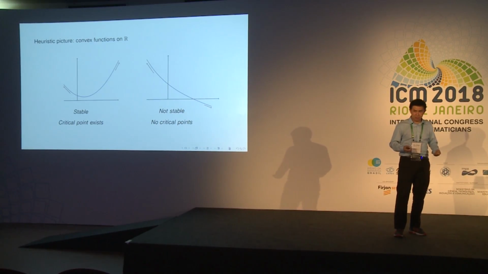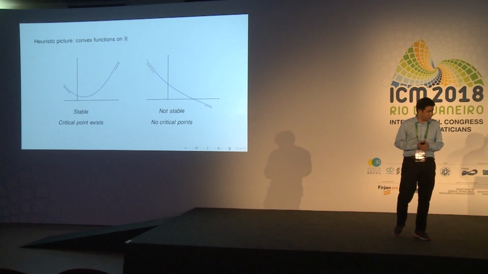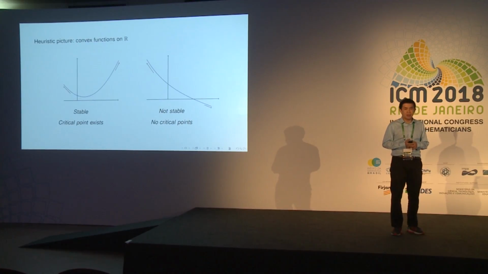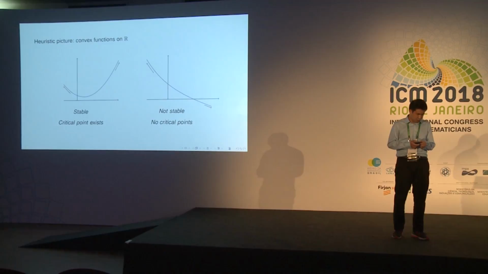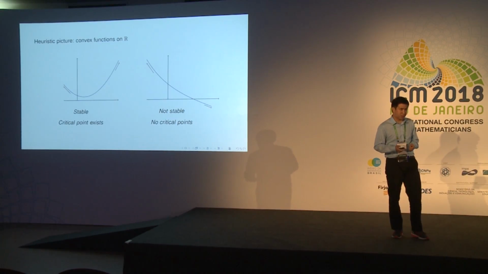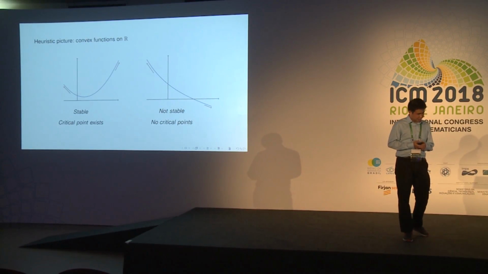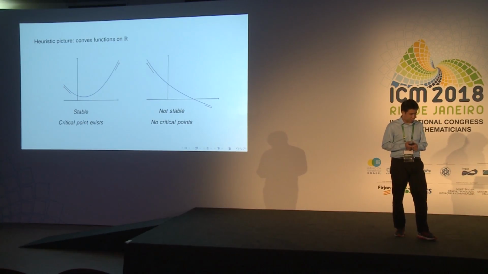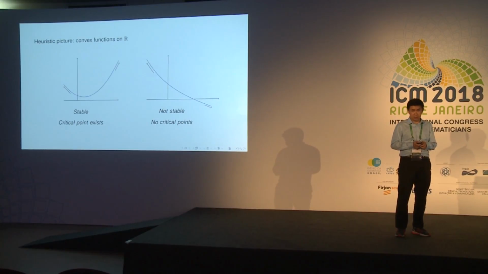K-stability basically requires that this limiting derivative of the function is positive along any geodesic ray. This is a heuristic picture, but that's the underlying reason why these two things are related, the existence of a critical point and the stability.